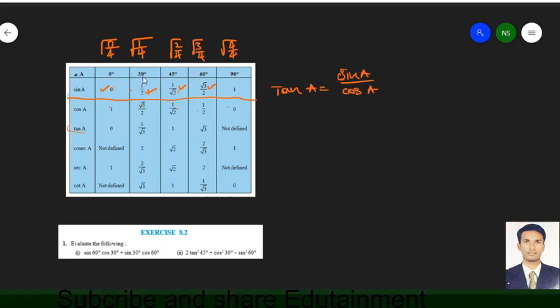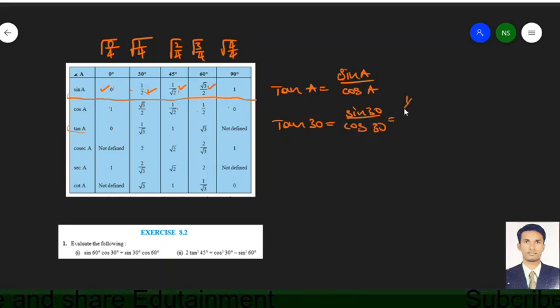If you want tan 30, sin 30 by cos 30, which is sin 30 1 by 2, cos 30 root 3 by 2. These two cancelled and we will get 1 by root 3. Okay, like that we can find out. There itself we can cancel these denominators and we can write 1 by 1, which is 1, 2 cancel and we will get root 3. 1 by 0 is not defined.